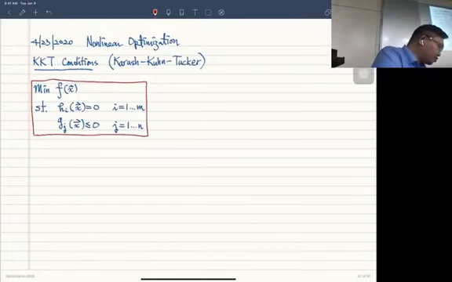Based on this concept, we would like to do further analysis and see if we can get some unique equations later on.